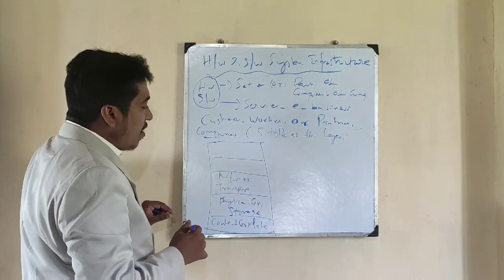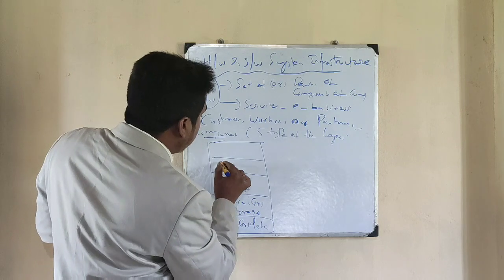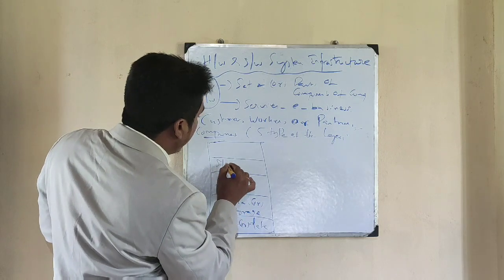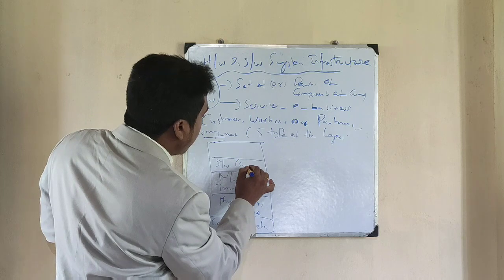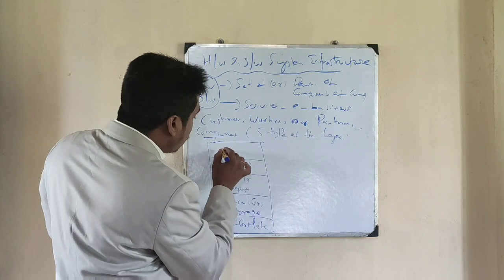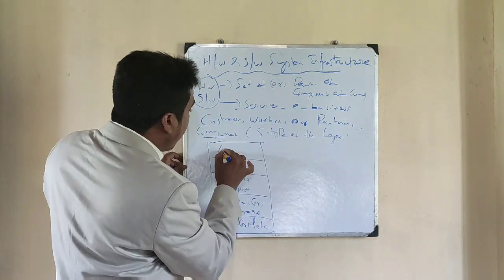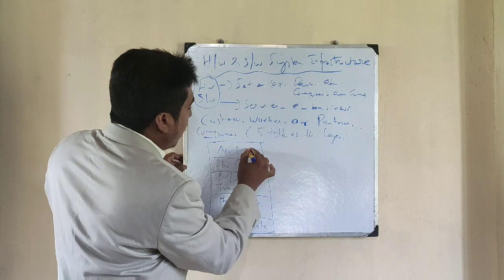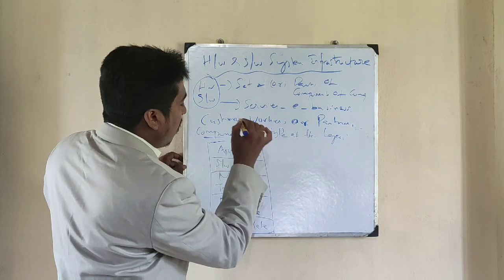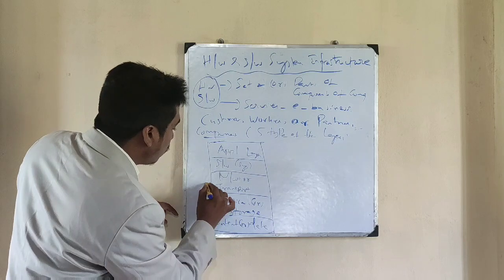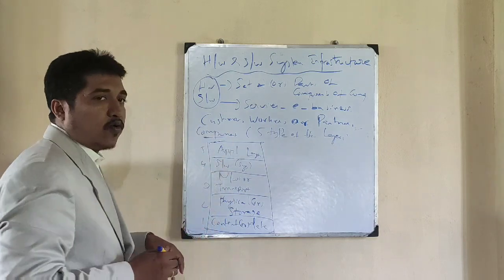The next one is the system software layer. And the final one is the application related layer. We have 1, 2, 3, 4, 5 layers.